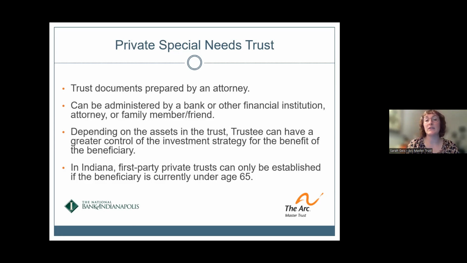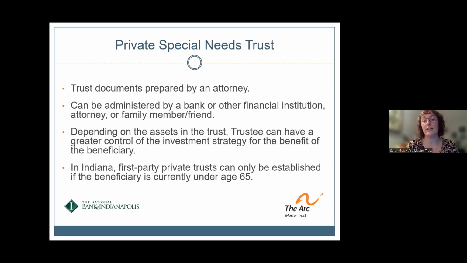The trustee themselves, depending on the assets in that unique private special needs trust, can have greater control of the investment strategy for the benefit of that beneficiary. So the trustee is going to be the person who could have that unique say, or that unique hand, on how those investments work in that private trust.